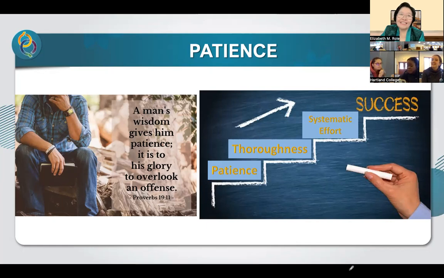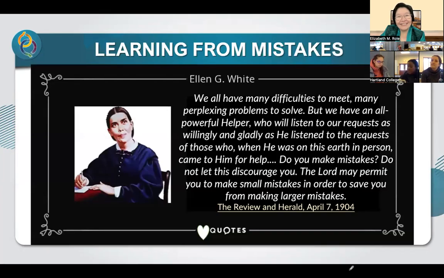So we called it the systematic trial and error method. And of course, as Ellen G. White says, you learn from your mistakes. She says, we all have many difficulties to meet, many perplexing problems to solve, but we have an all-powerful helper who will listen to our requests as willingly and gladly as he listened to the requests of those who, when he was on this earth in person, came to him for help.